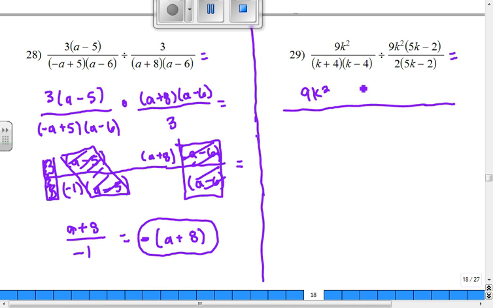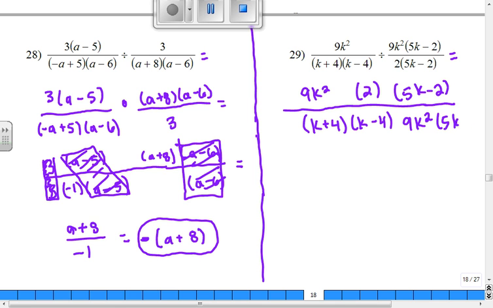The second part is 2 times 5k minus 2. Okay, then over here I have k plus 4 times k minus 4. And over here I have 9k squared times 5k minus 2.